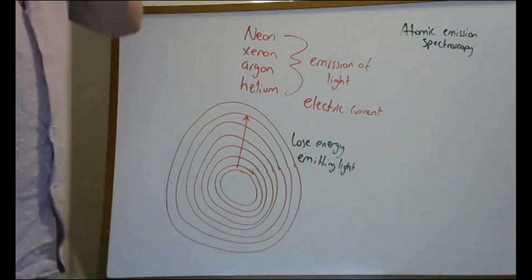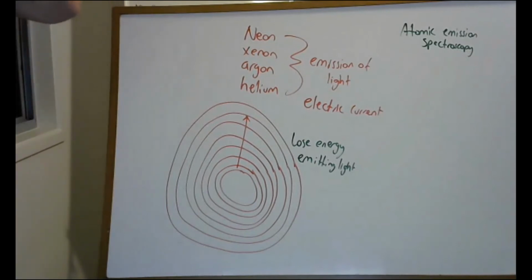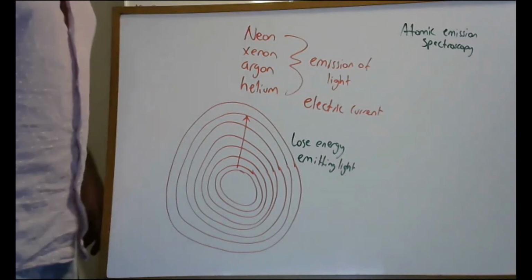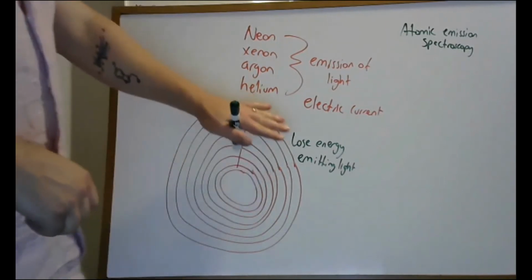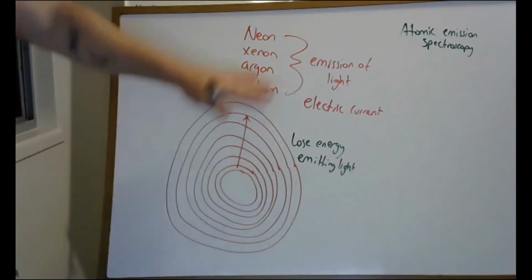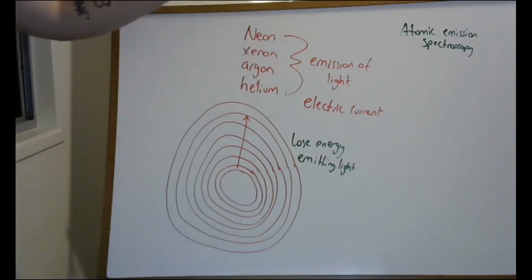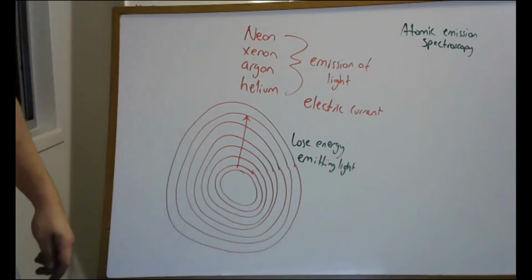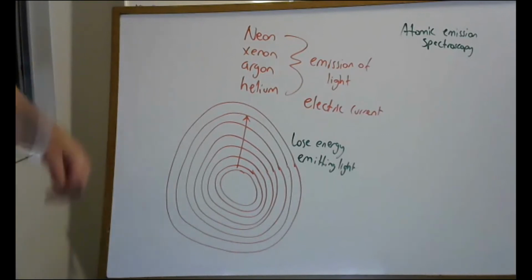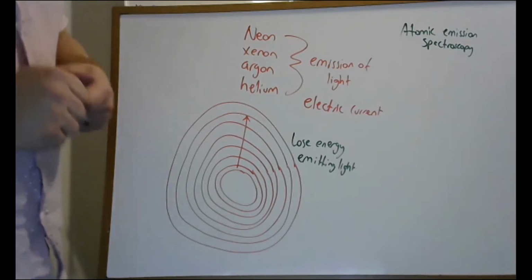That's pretty much it for the atomic emission. You energize the atoms. Again, if we look at the noble gases, they all emit a different color, and you can tell what's what by the spectrum that they emit.